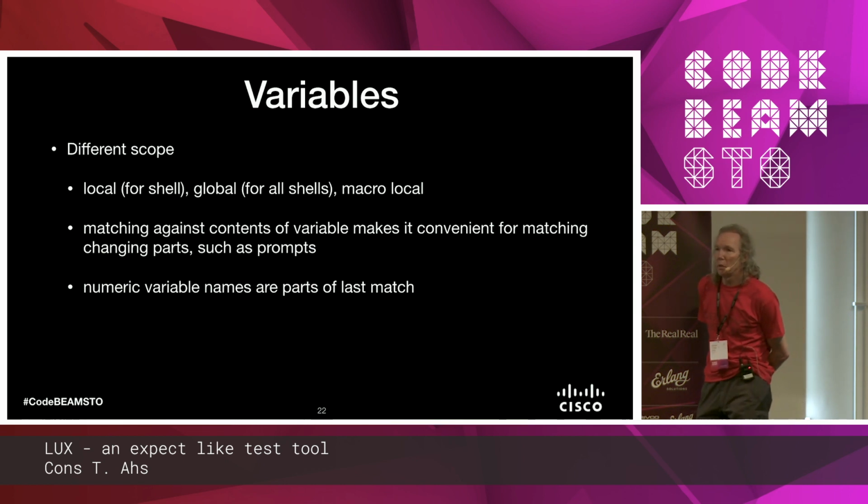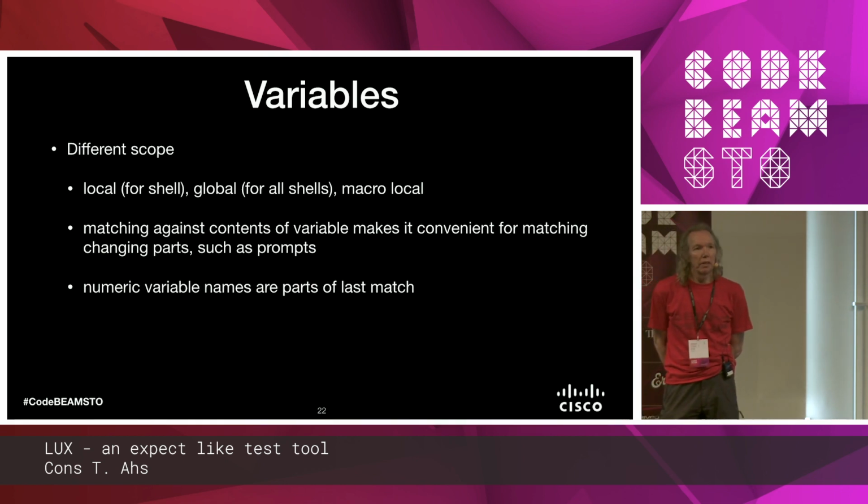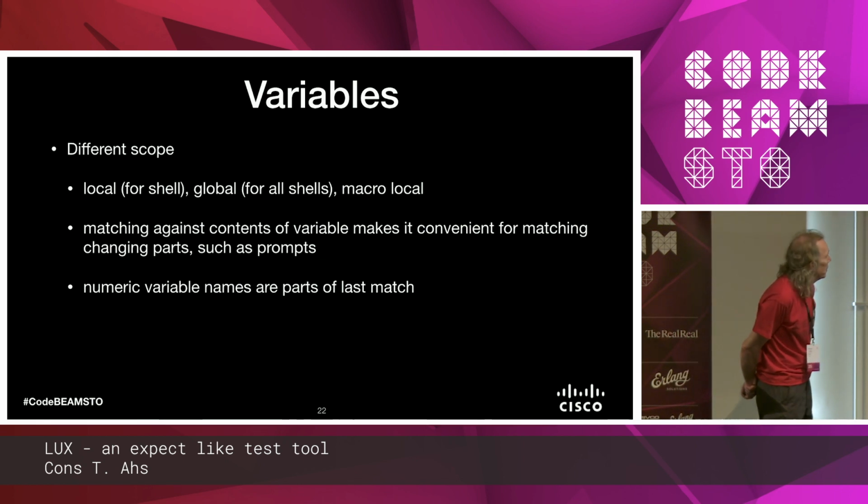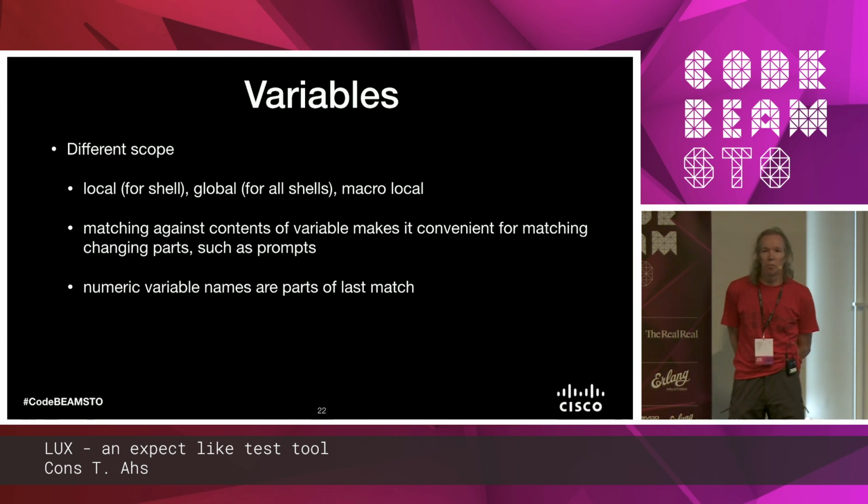As seen in some of the examples, anything preceded by a $ sign is a variable or a variable expansion. And variables come in some different flavors. They can be local for a shell. They can be global, so they can be visible in all shells. We saw use of that previously, where we extracted the log file and bound it to a global name, so we could use it in another shell. And they can also be local for a macro. So this is convenient, nice abstraction.